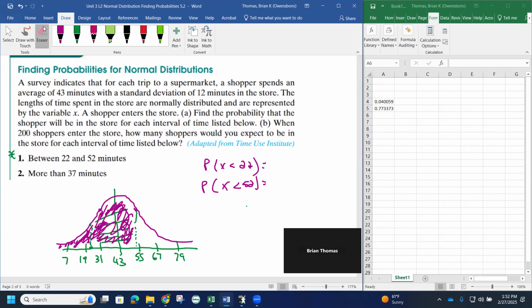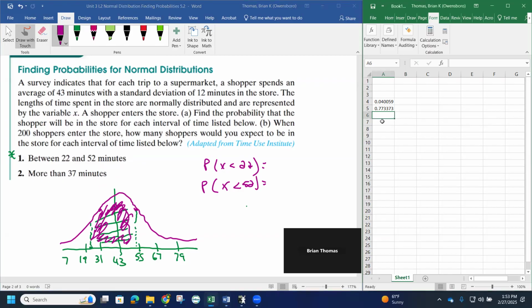So we have to remove the part that's left of 22. That didn't work really well, so we should still have a little curve here. Basically I'm looking to remove this part over here. So these two probabilities have to be subtracted.